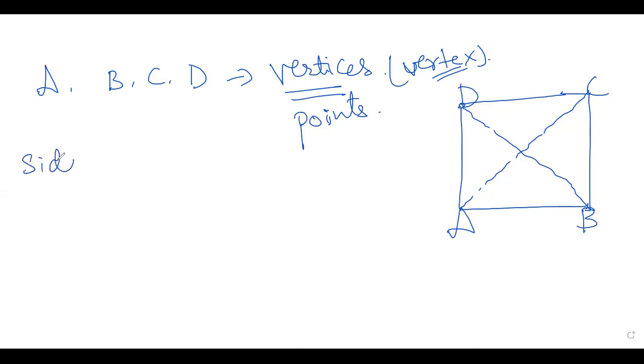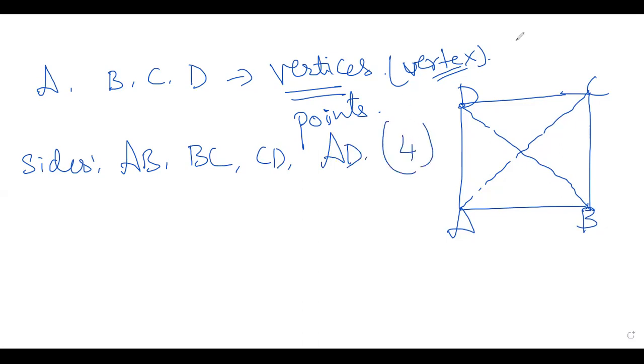And which are the sides here? You know which are the sides. Joining of 2 points. AB is a side, and BC, CD and AD. So there are 4 sides, 4 vertices, and what are AC and BD called?